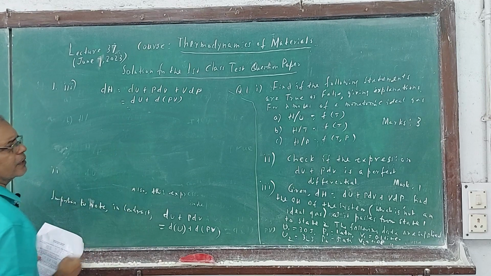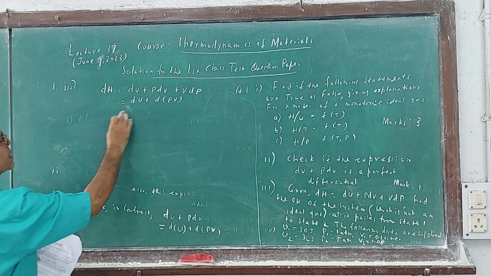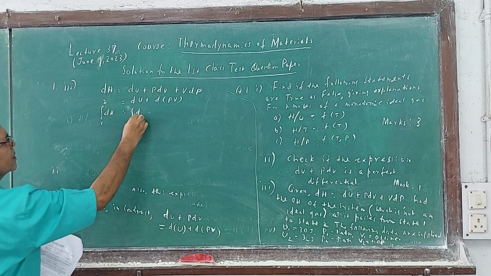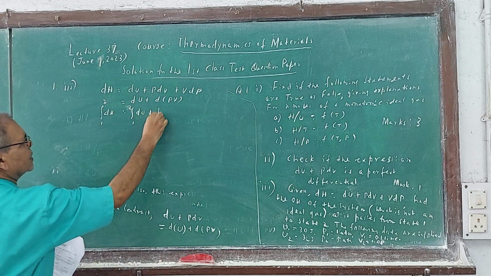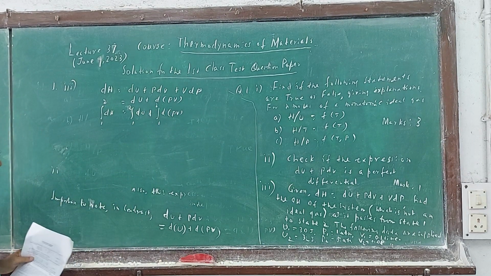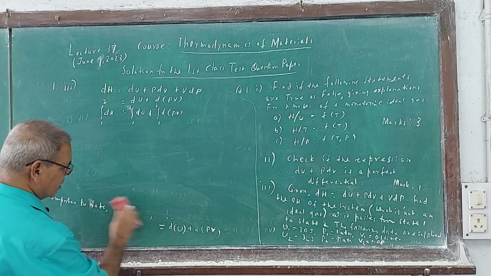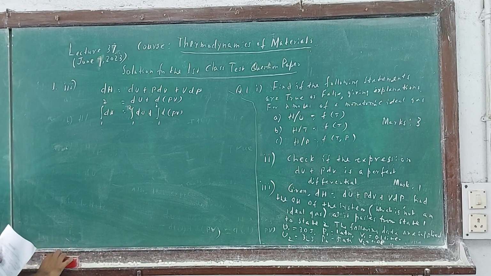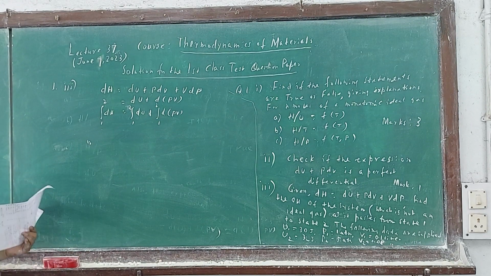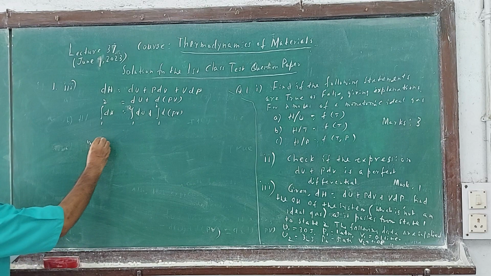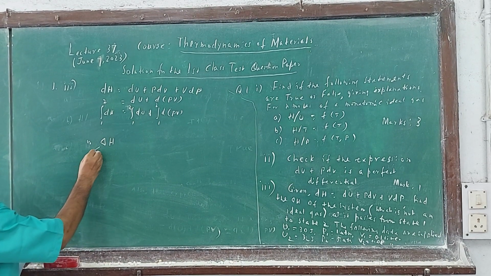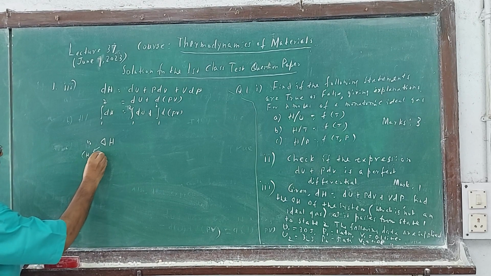What is the integration? Integrate from state 1 to state 2. dH integrated is H2 minus H1, which is delta H.